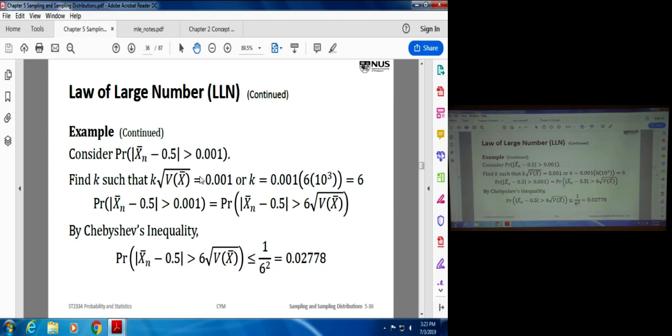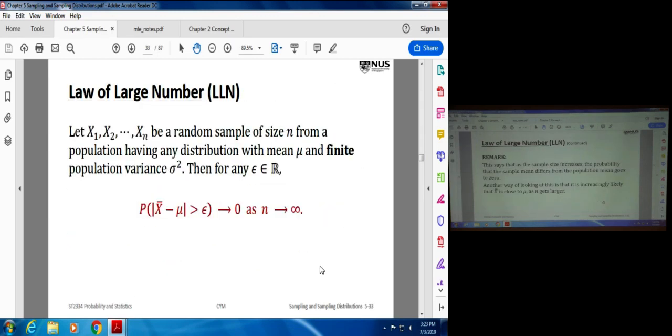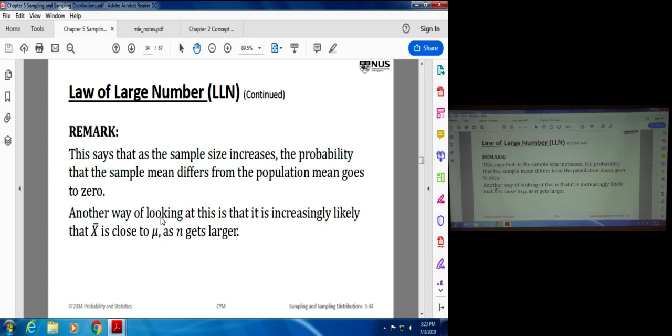As I allow n to get really, really big, Chebyshev's inequality says this probability gets arbitrarily small, for any positive epsilon you choose. This is just a verification that as the random sample gets larger and larger, the sample mean converges to the population mean. That's the point of the example.